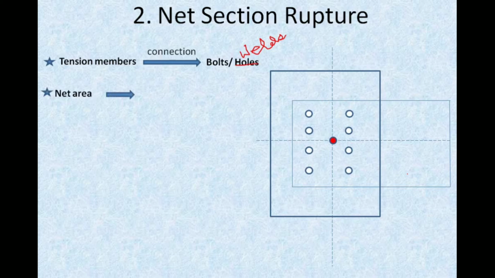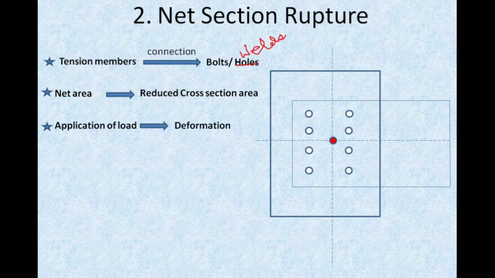So one important thing is the net area. What is the net area? Net area is the reduced cross section area due to bolting. Now when these two are connected and a static load is applied, there will be deformation on the tension member, and it will keep on deforming.